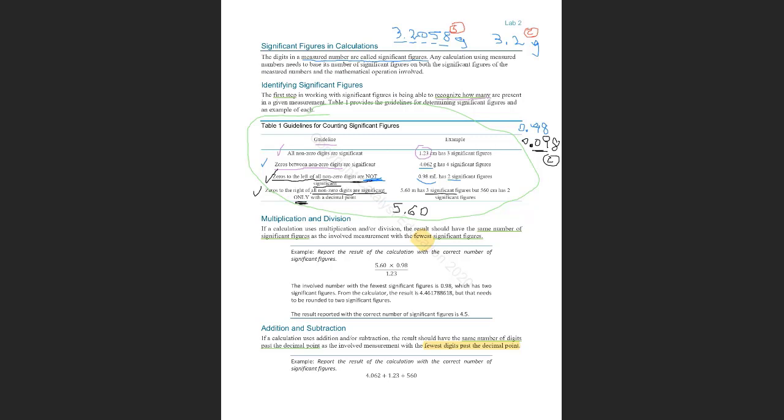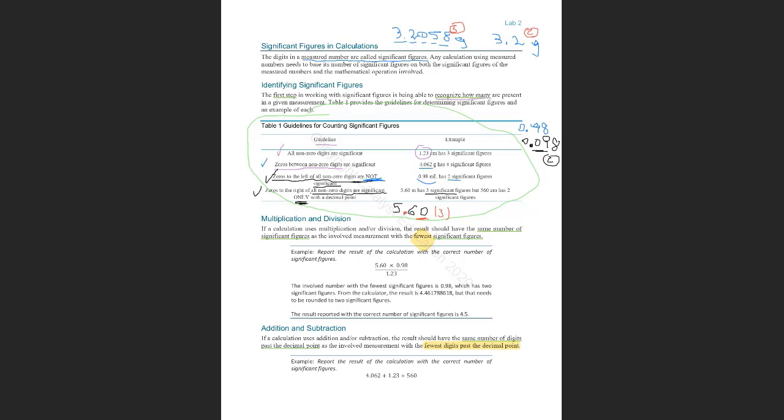Why? Because they are saying zeros to the right, which we call trailing zeros, are only significant, which means we only count them if the number has a decimal point. And because the number is 5.60, it has a decimal point. So we count and we say 3 sig figs.